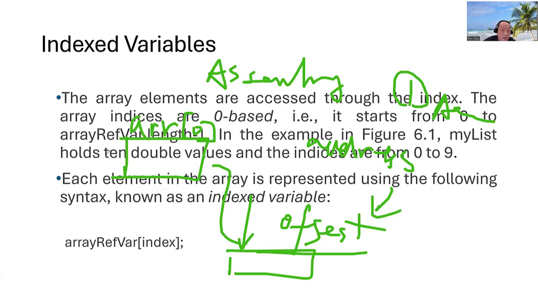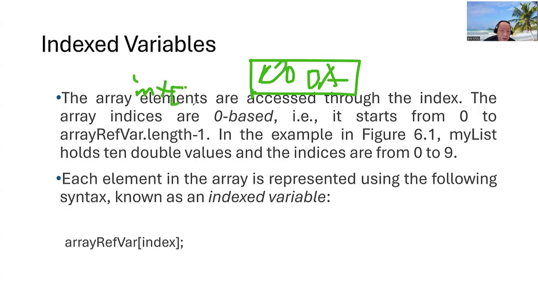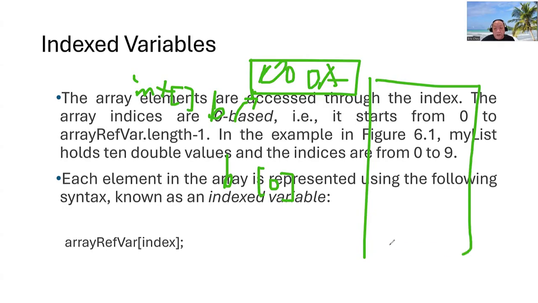Let's assume that you have 0, 0, 0, A for integer array B. Integer B is holding this address. So B[0] is this starting address.